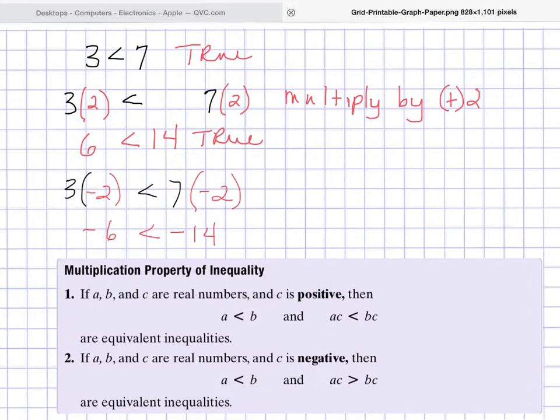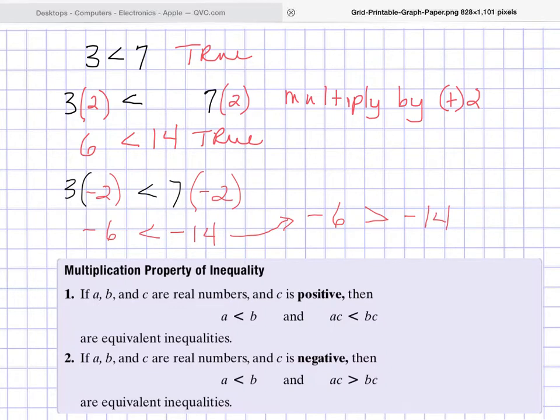So what happens when we multiply by a negative number, what we have to do to maintain the inequality is to flip the direction of the inequality symbol to make it a true statement.